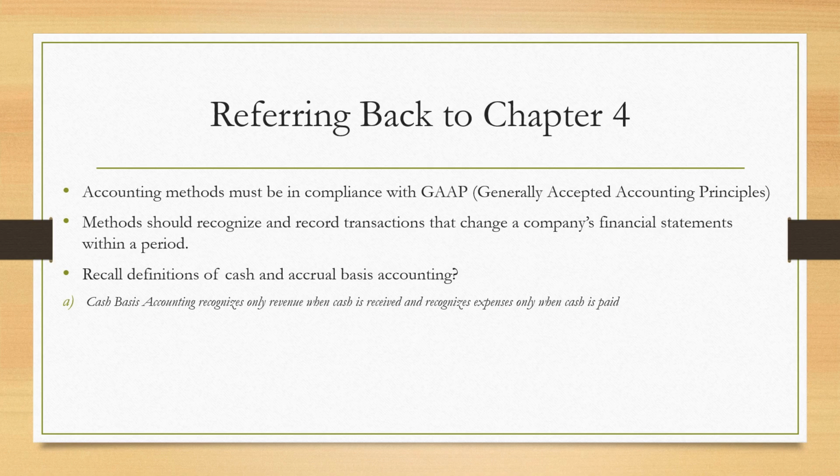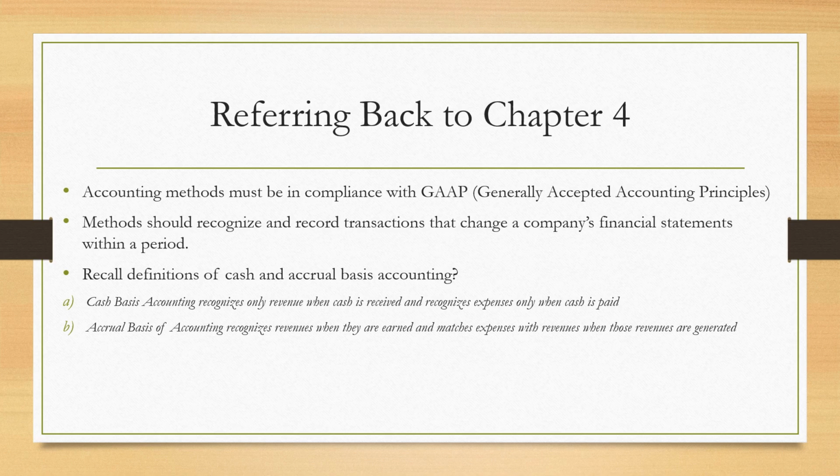Cash basis accounting recognizes only revenue when cash is received and recognizes expenses only when cash has been paid. Accrual basis of accounting recognizes revenues when they are earned and matches expenses with revenues when those revenues are generated. So, to determine which is most efficient and going to be most compliant with GAAP, it will be the accrual basis of accounting being the most accurate.